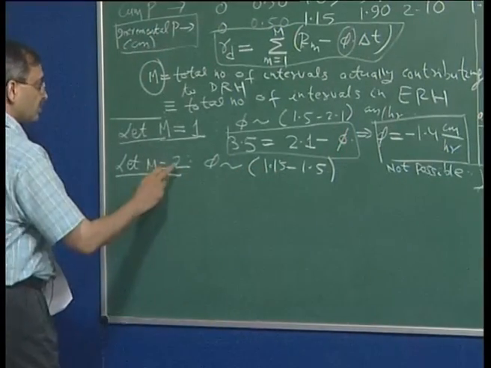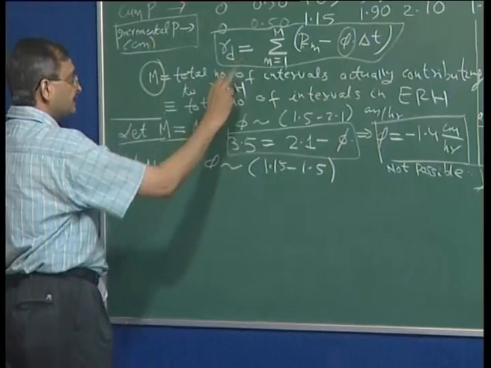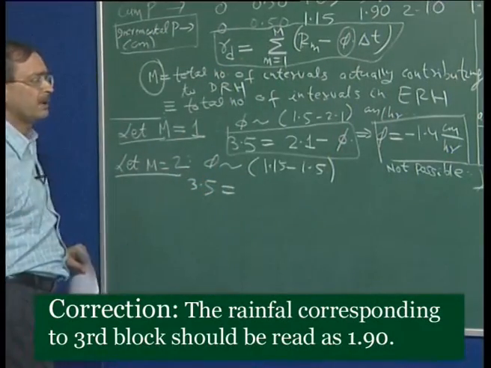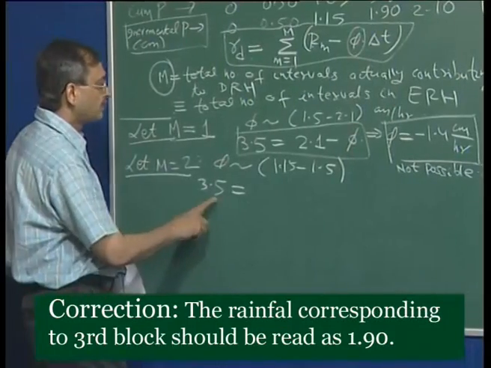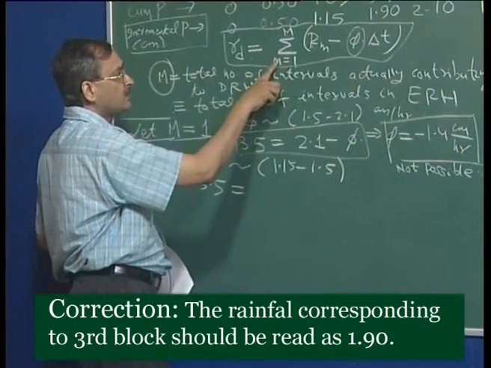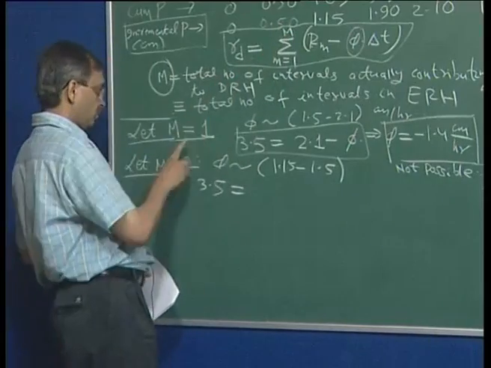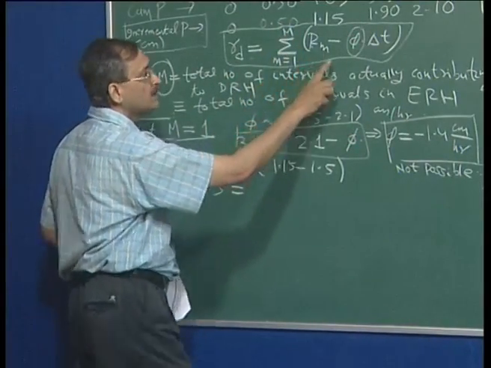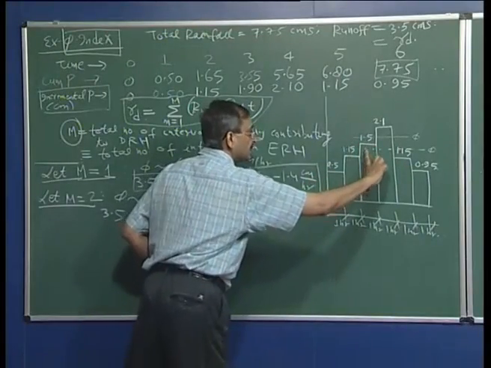So, you apply this equation again and you say R d, which is 3.5 centimeters, is equal to the summation which will run from small m equal to 1 to 2, because now capital M is 2. There will be 2 terms, one corresponding to this, other corresponding to this.